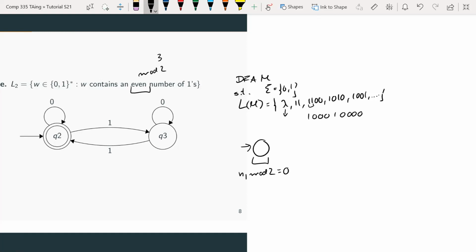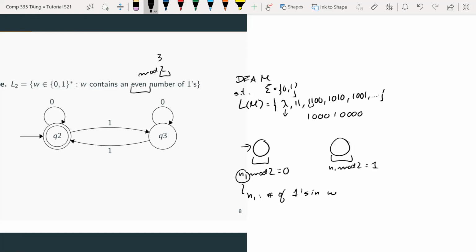That's what my initial state represents, okay? Then I'll have another state, because I'm looking at mod 2, a second state that represents n1 mod 2 equals 1, okay? And I'm writing n1 for the number of ones in w, okay?